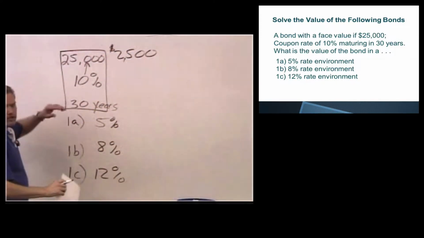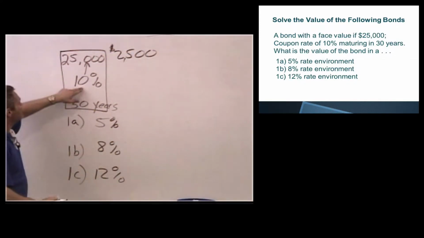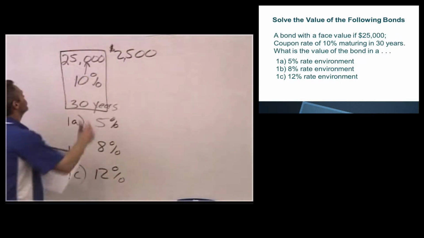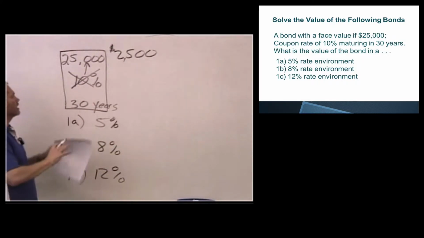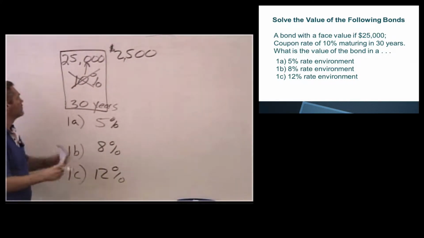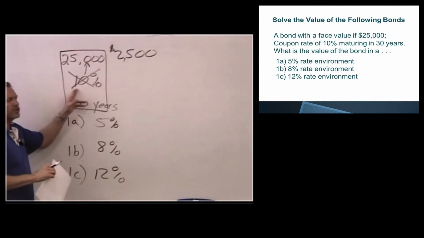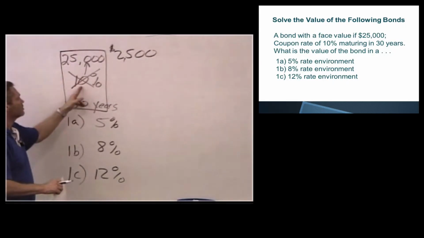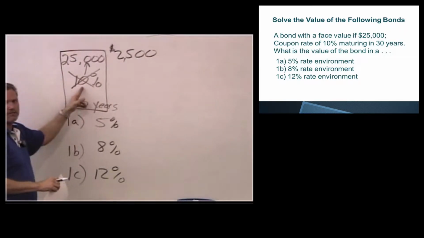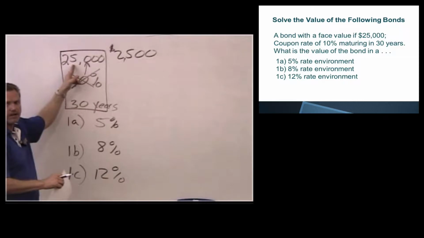Now, once you multiply the coupon rate times face value, you no longer need the coupon rate. In fact, a lot of people, like I said in the previous video, are going to use this as the rate environment, and what you're going to figure out is that a $25,000 bond that yields 10% in a 10% environment is worth $25,000.